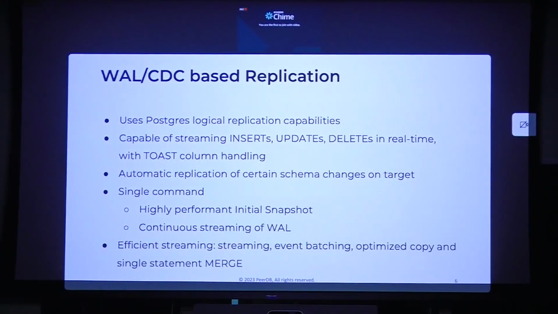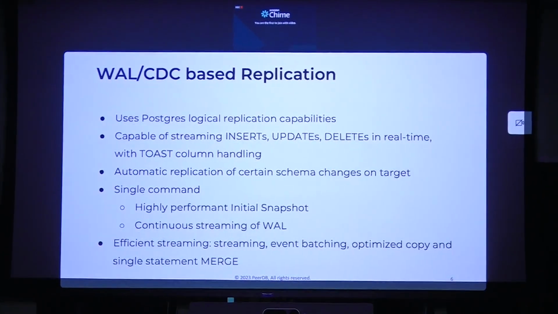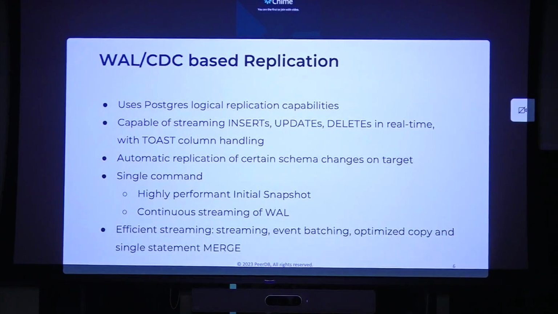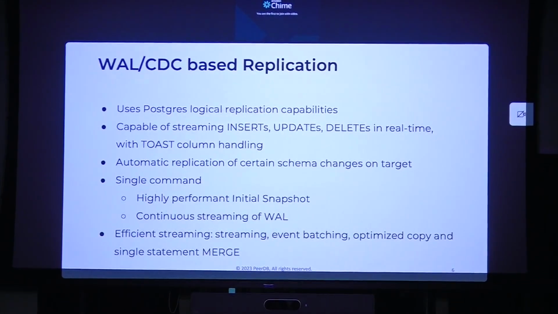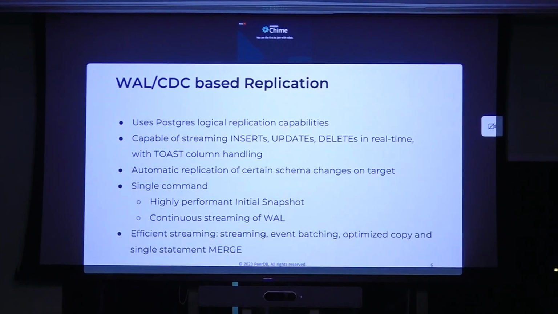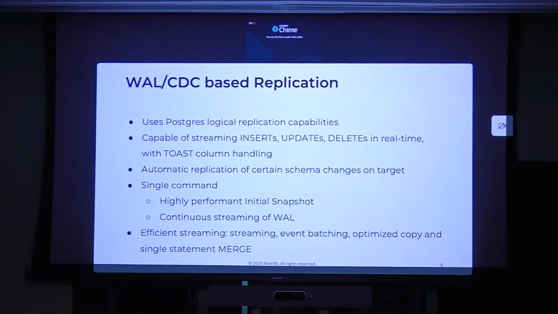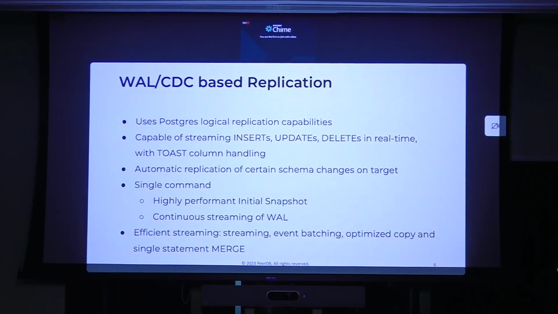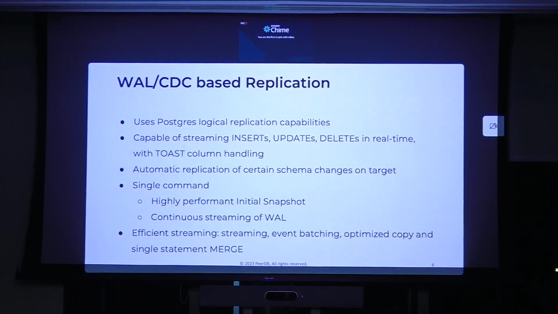So with these types of mirrors, we can stream inserts, updates, deletes from the selected tables to the destination in near real time. We handle TOAST columns, and we also support some schema changes. So in case a column is added on the source, we automatically replicate it to the target table within a few minutes. So this is a single mirror which has 2 phases.